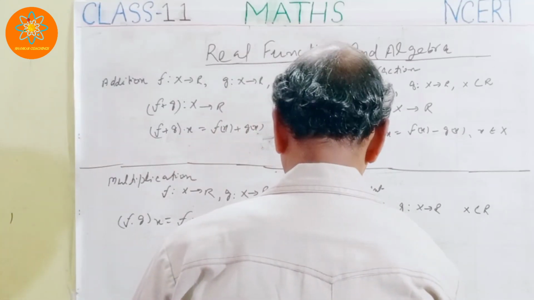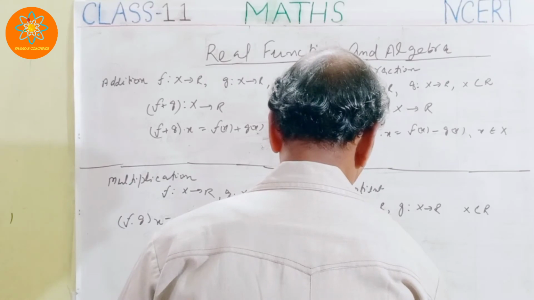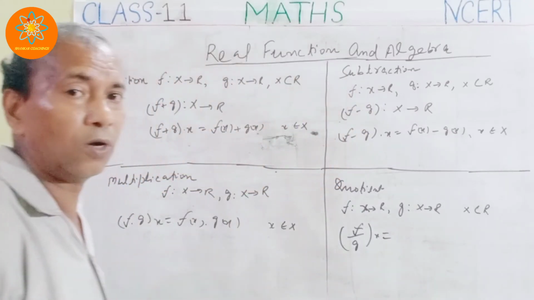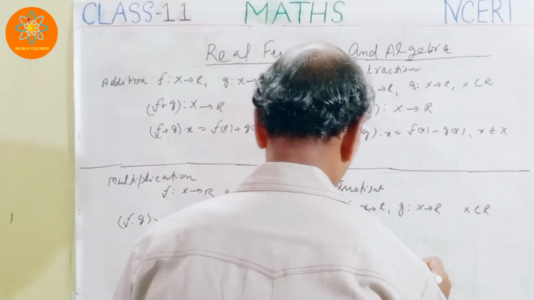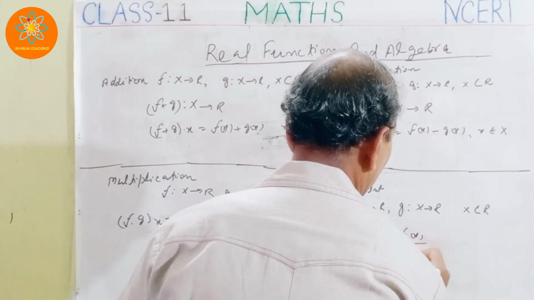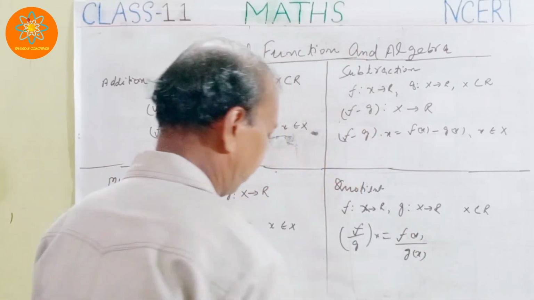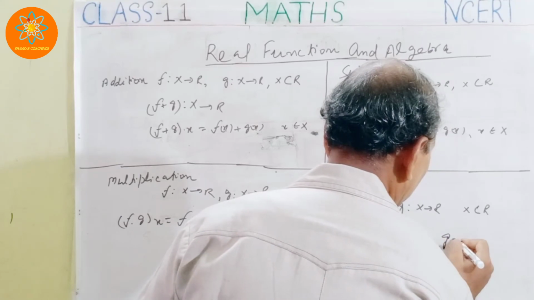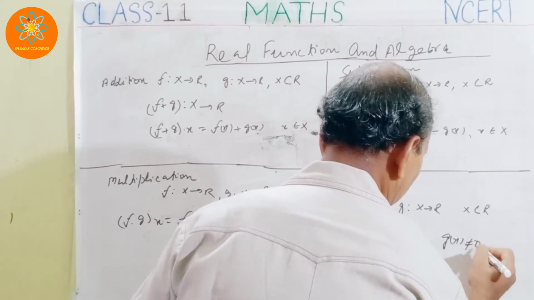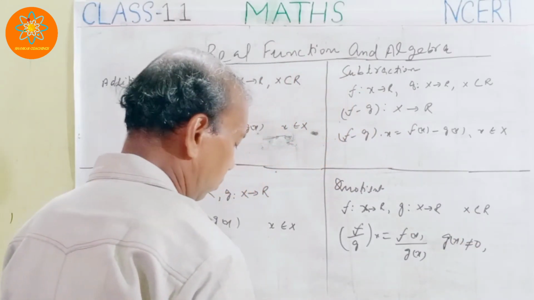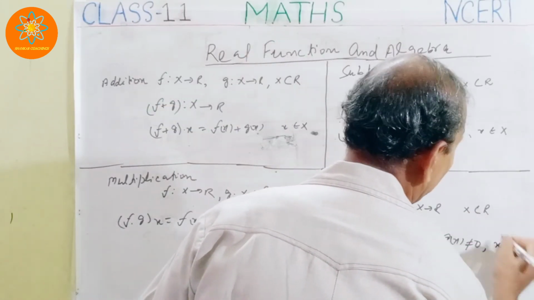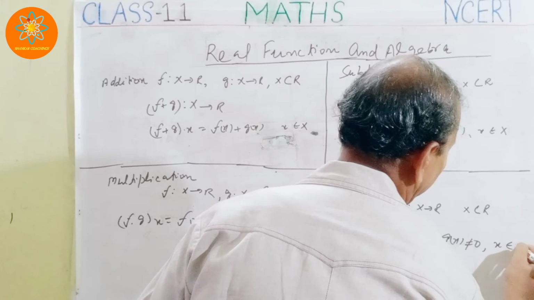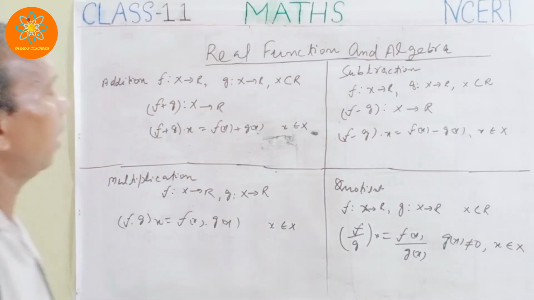The quotient will be defined as (f by g)(x) equals f(x) by g(x), but g(x) is not equal to 0, and small x is a member of the subset X. So this is the algebra of real functions.